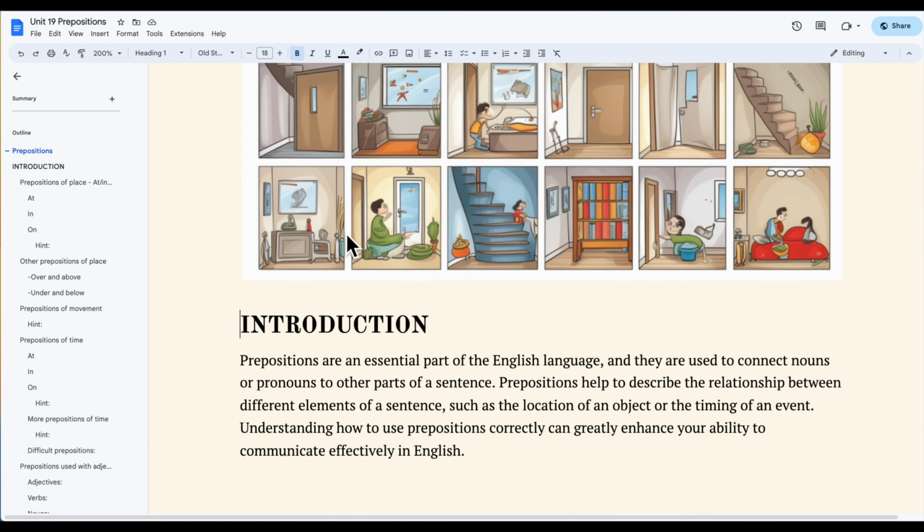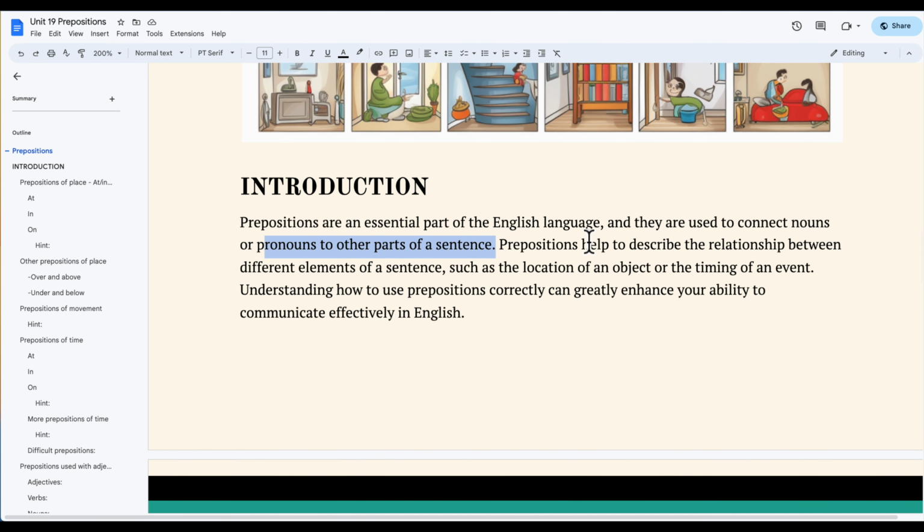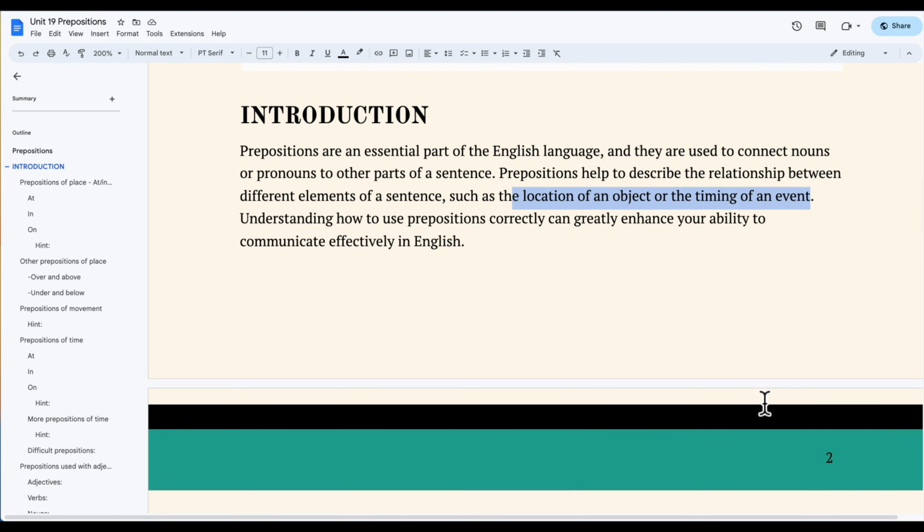Introduction. Prepositions play a vital role in the English language as they connect nouns or pronouns to other parts of a sentence. They establish the relationship between different elements, such as the position of an object or the timing of an event. Developing a proper understanding of prepositions enables effective communication in English.